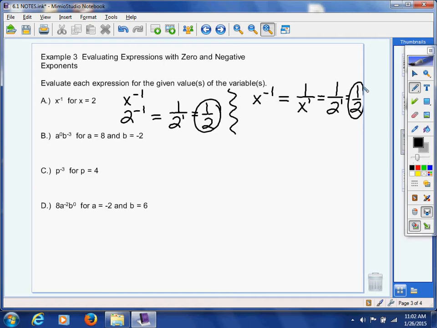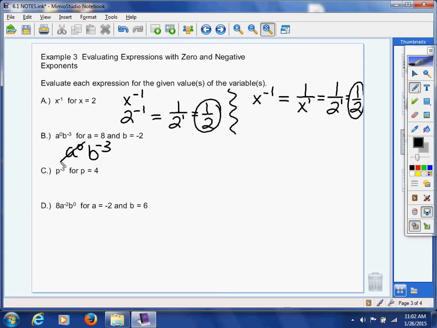So letter B, we have a to the 0 times b to the negative 3. Now, I will tell you right away that anything to the 0 power is what? I think I'm hearing some whispers or yells of 1. So really, you can mark out a to the 0 power.